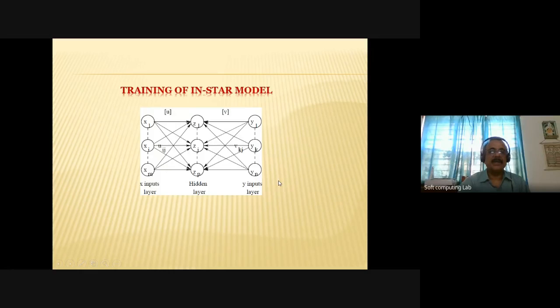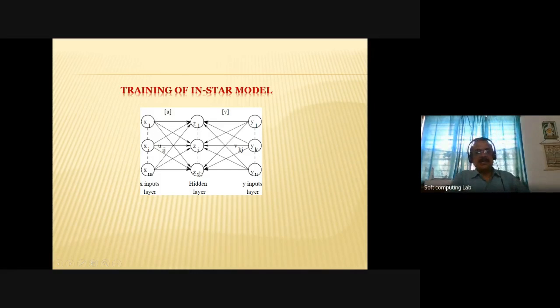Now, the in-star model has been drawn once again. You can see that you have X inputs on the input layer, x1, x2, xi, xm, and Y inputs in the second input layer, that is y1, yk, yn, and we have the connecting weights, and this is your hidden layer.